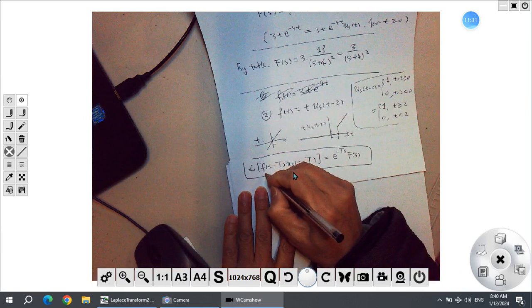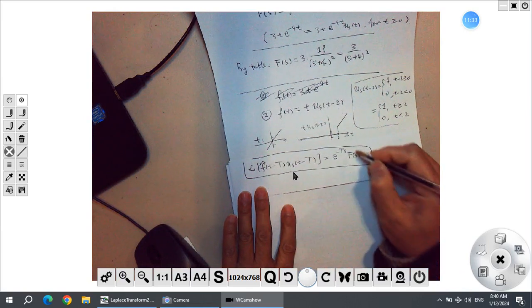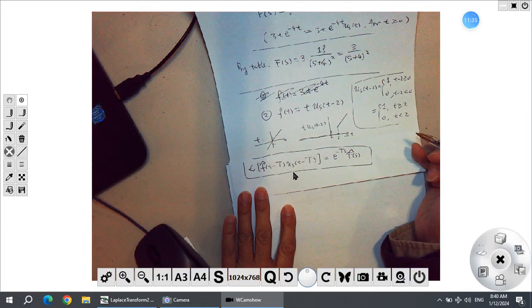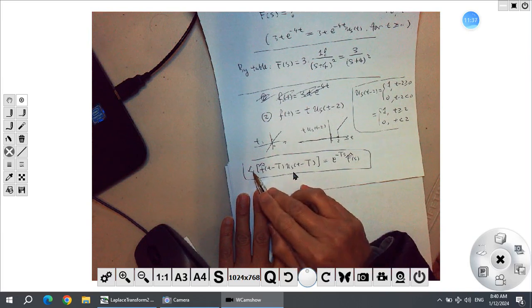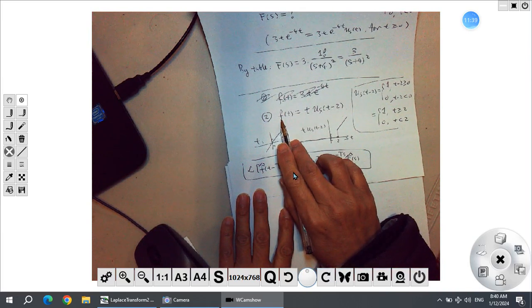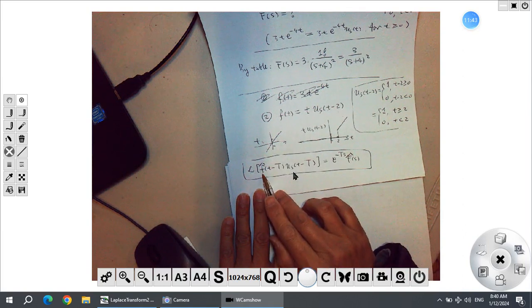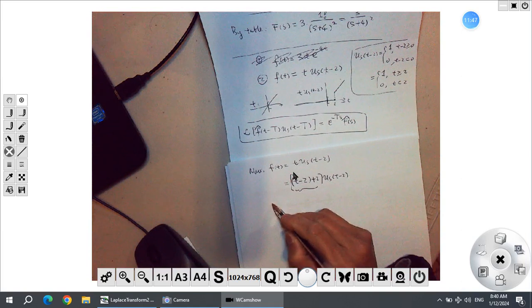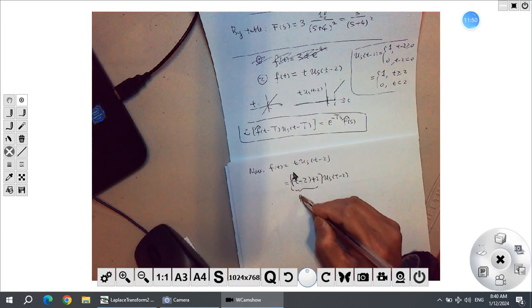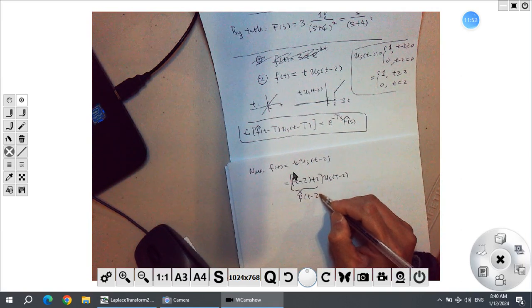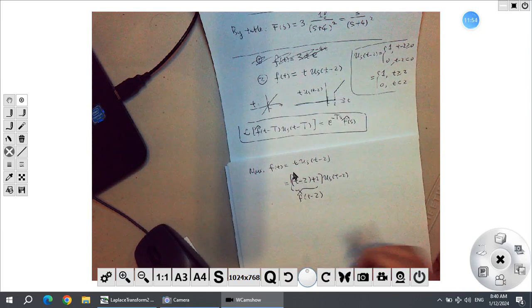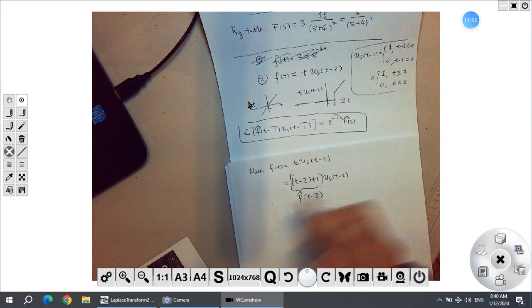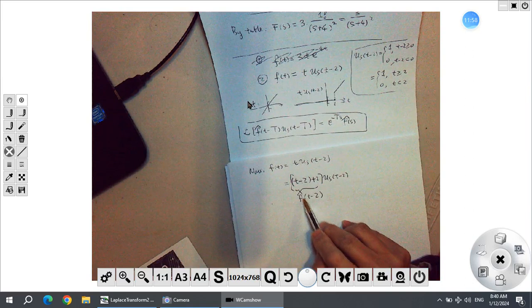I put f hat here, capital F hat. This is the f in the formula, and this is the function we need to study. Now, this is f hat of t minus 2.